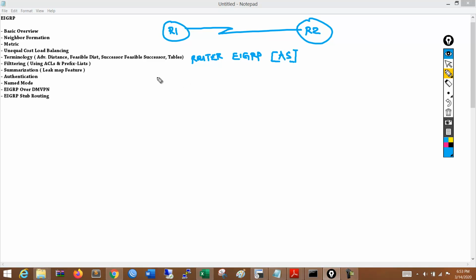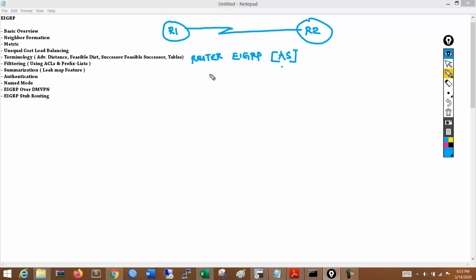An autonomous system is a group of devices, a group of networks under the same administrative domain. So a group of networks, let's say managed by Coca-Cola, they will have their own AS. So Coca-Cola will have their own autonomous system that they use in their network to run their IGP. So a group of networks under the same administrative domain is called an AS, an autonomous system.